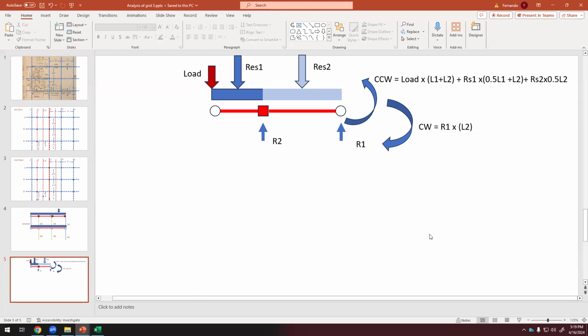So what moves this clockwise? The force R2 times the distance L2. Okay, this is quite easy. Is it R1 or R2? Yep, you're right. It's R2. It's the force times the distance.